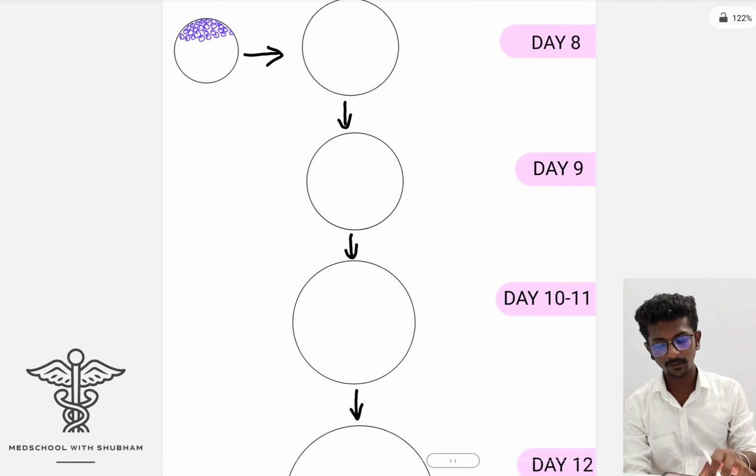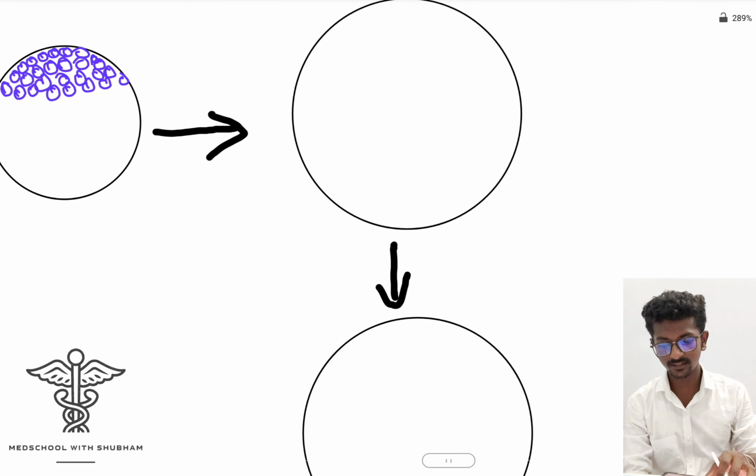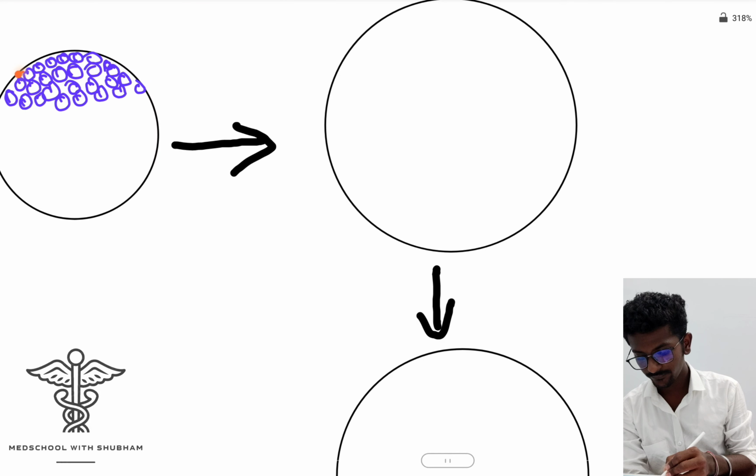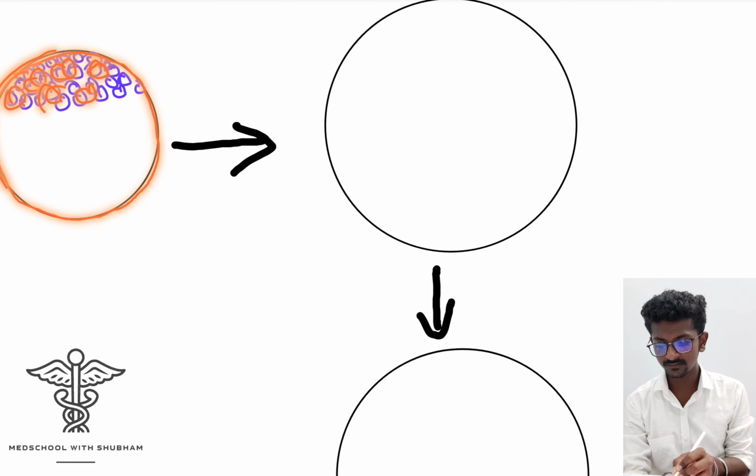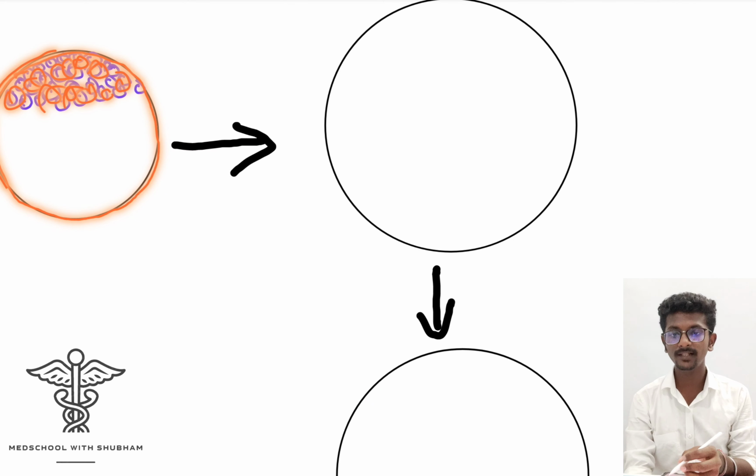So let's learn about epiblast and hypoblast in this diagrammatic form. This was the blastocyst that we learned till the last lecture. This is the cytotrophoblast, and this is the embryoblast or the inner cell mass.